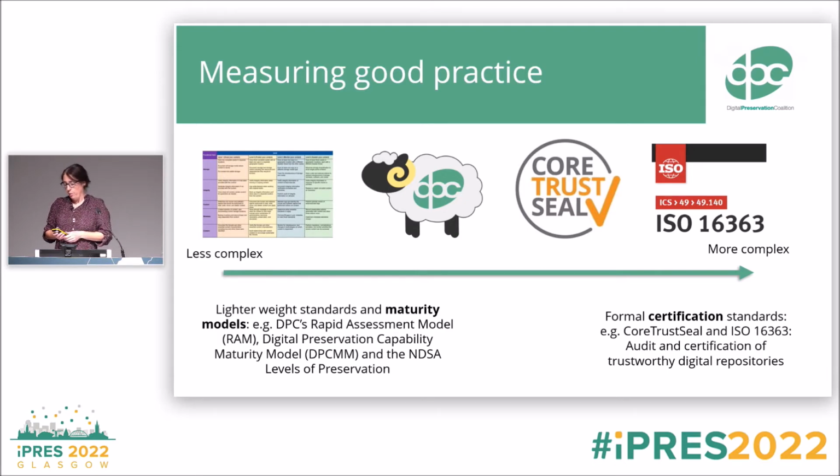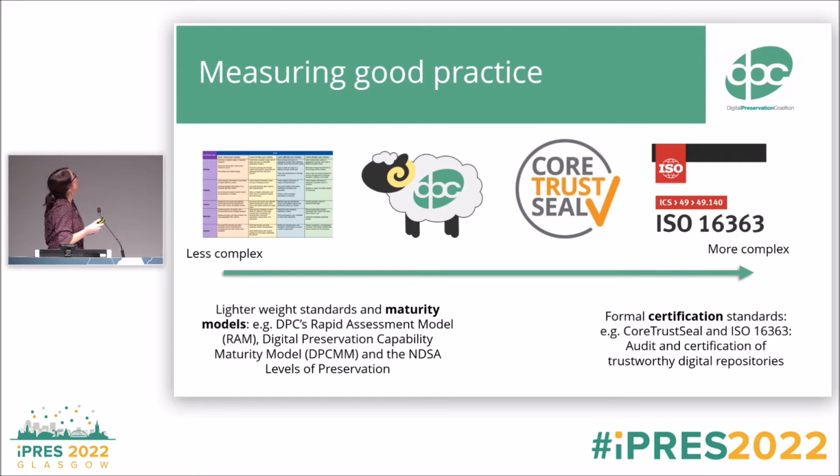On one end, this is the less terrifying end of the spectrum, as Sharon would say, we start off with the NDSA levels of preservation, which is a great, really simple model to pick up and measure yourself against. It fits on one sheet of paper, really quick and easy to use. Then we've got DPC RAM, which I think is more holistic than the NDSA levels, still quite easy to use, but perhaps takes a little bit longer.